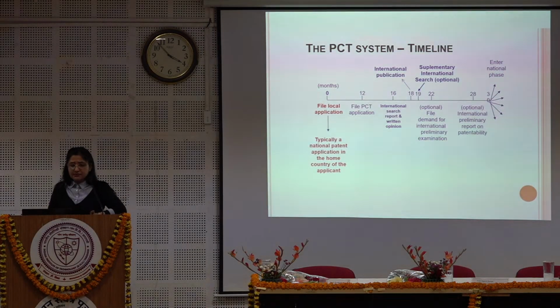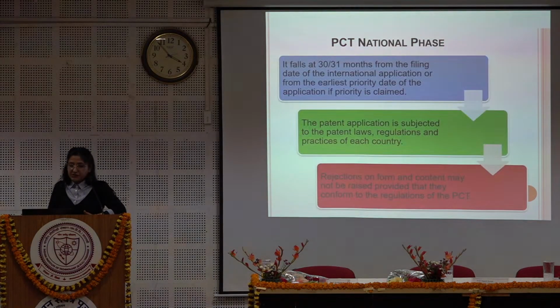The timeline shows that you can file the PCT within 12 months, then after 16 months you have an international search report being formed, then at 18 months there will be international publication, then you have your demand for international preliminary examination, and you can go to the individual nations.